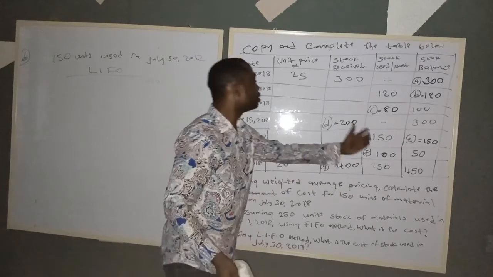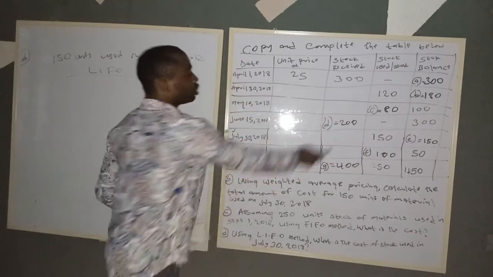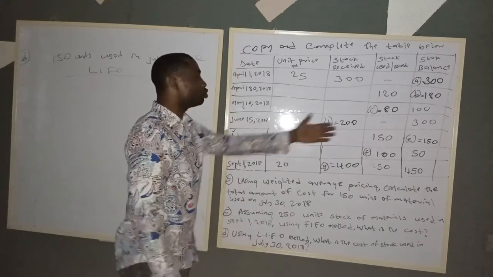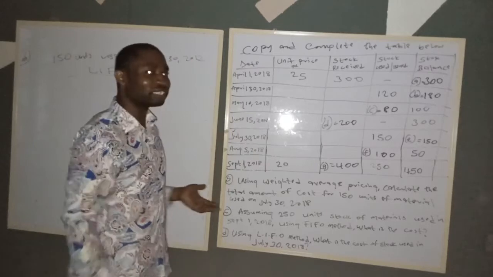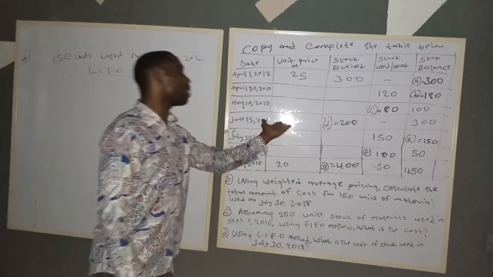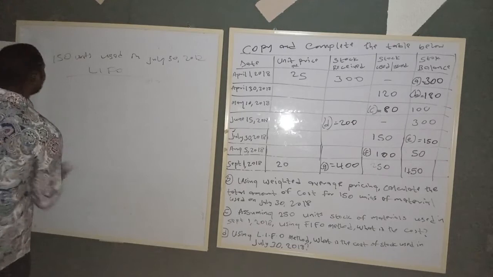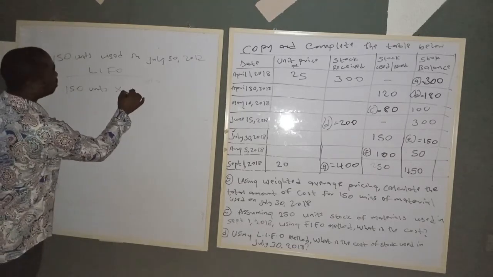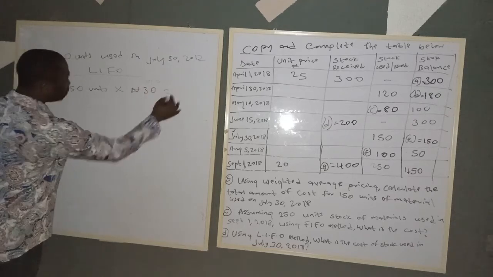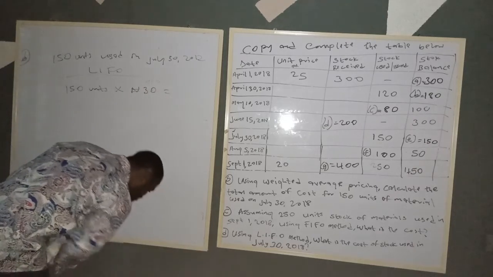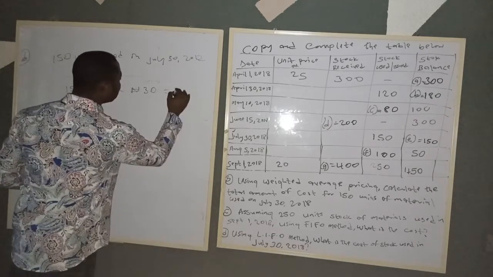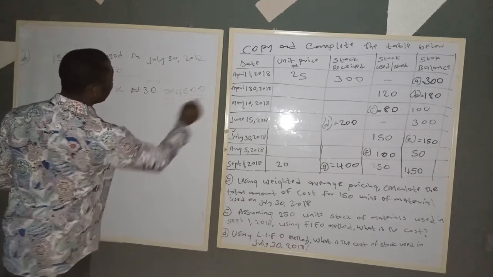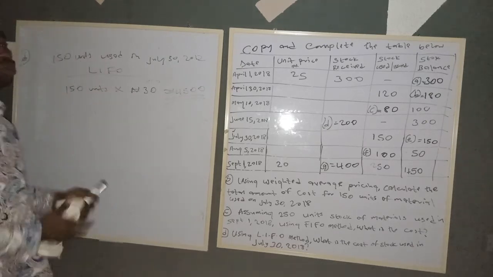So just say 150 units multiplied by the unit price of the one that came in last, 30 naira, which is equal to 4,500. So with this, we are done with it.